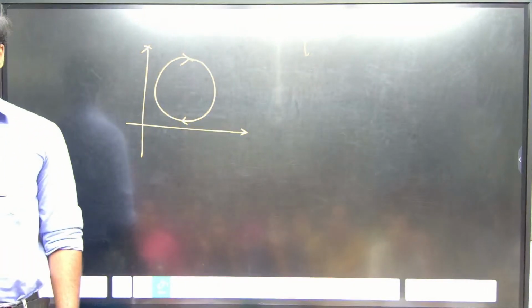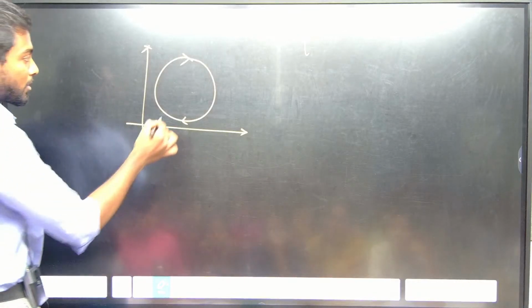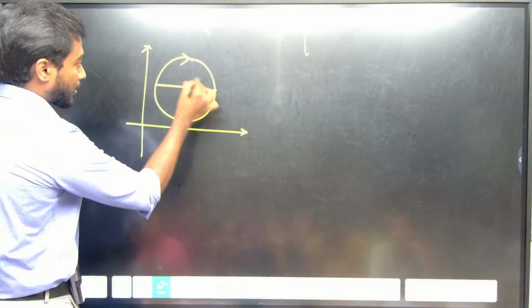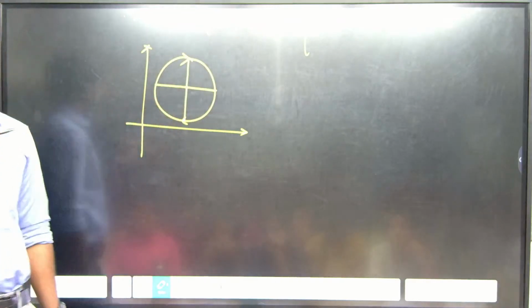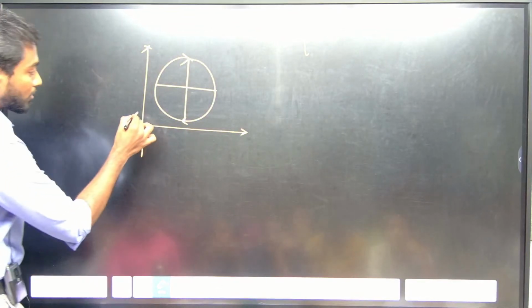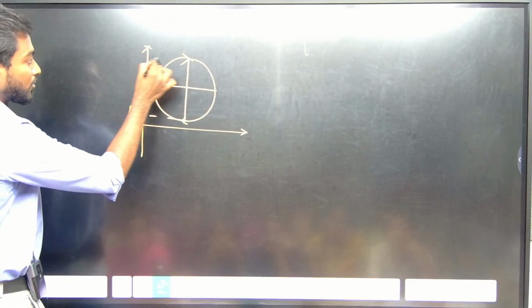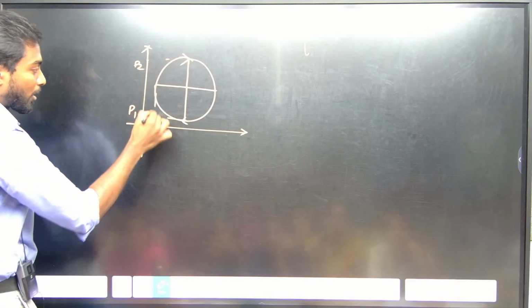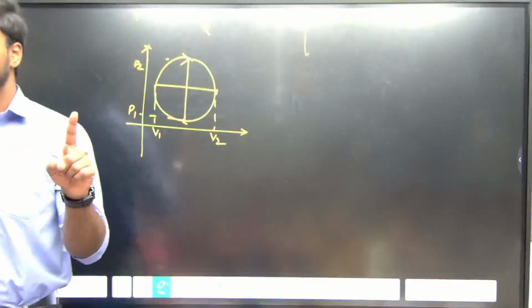What is the area of the circle here? Pi r square, right? So this is one diameter and this is the other diameter, correct? If I talk about this point, this is my P1, this is my P2. If I talk about this one, V1, V2. So if I divide the diameter by 2, will I get the radius?